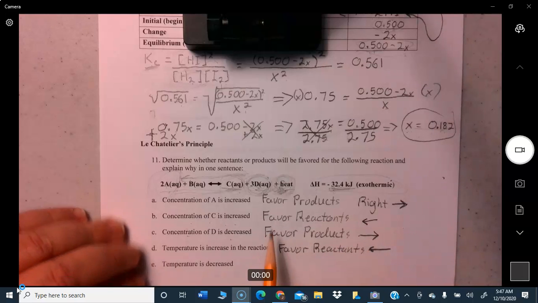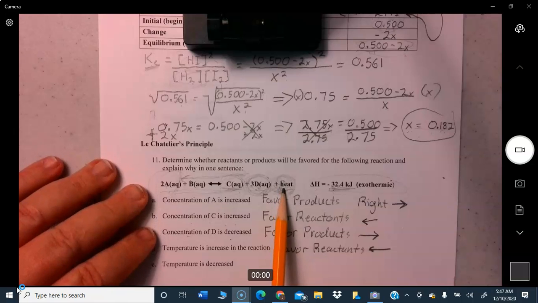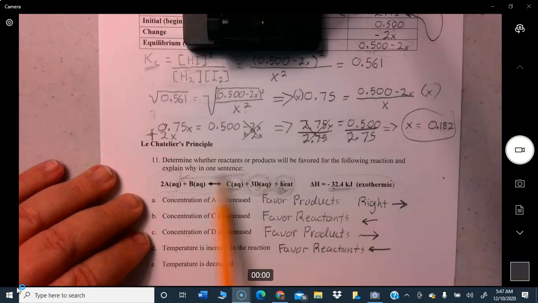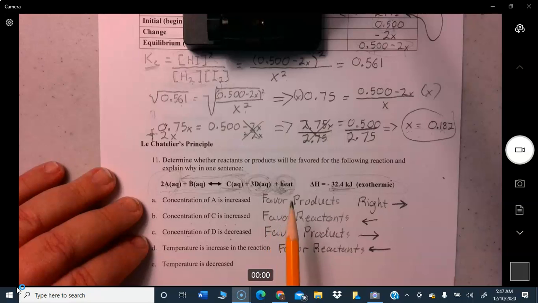Say that one more time. This reaction naturally wants heat to go out of, you call this the system, it wants it to go out into the surroundings. If you turn up the temperature of your surroundings really high, then this heat gets jammed up in here. It can't get out because it can't get out into a hotter environment. Remember what heat does, it wants to flow from a higher temperature to a lower temperature.